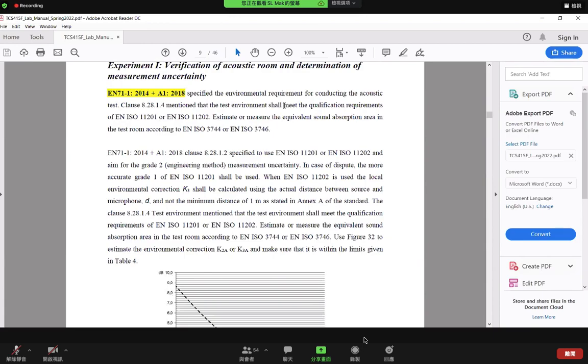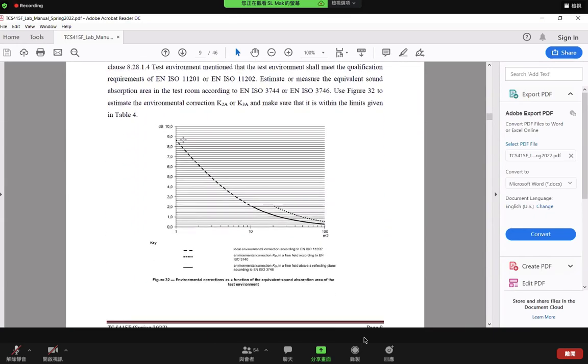It should meet the qualification requirement mentioned in EN ISO 11201 or 11202, and the test method is specified in ISO 3744 or 3746. There are several methods to prove whether the acoustic room meets the requirement or not.